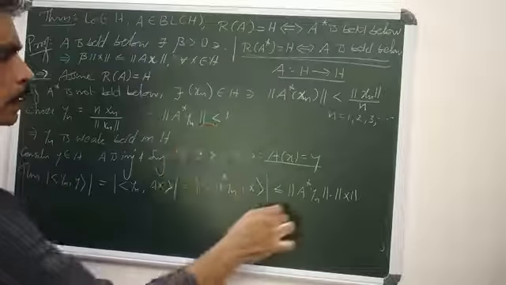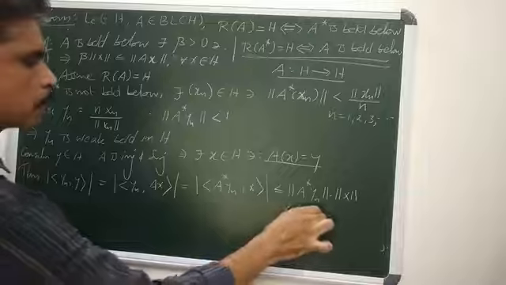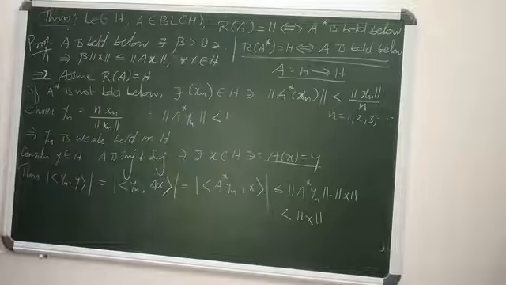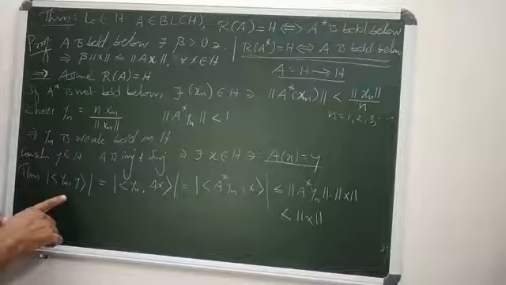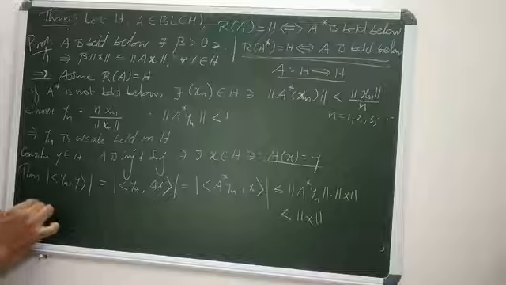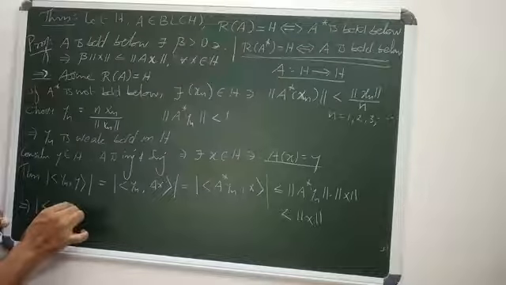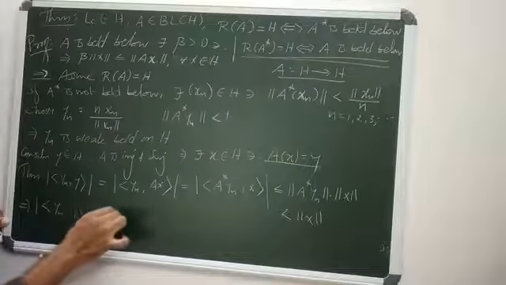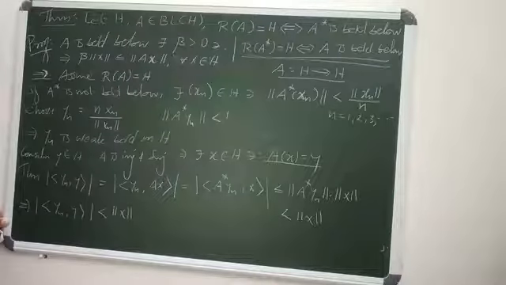But norm of A* y_n is strictly less than 1, so it is strictly less than norm x. So finally, modulus of inner product ⟨y_n, y⟩ is strictly less than norm x.